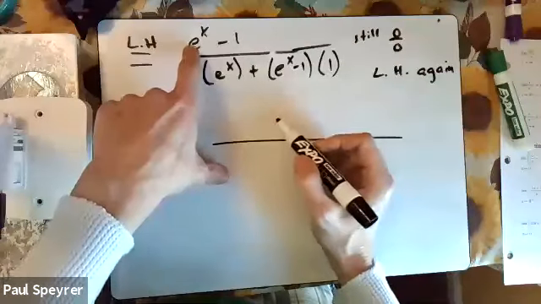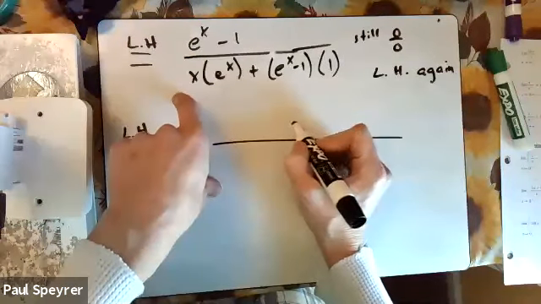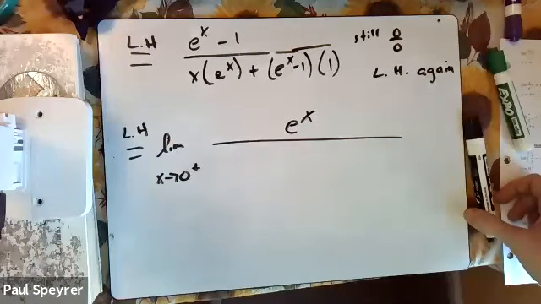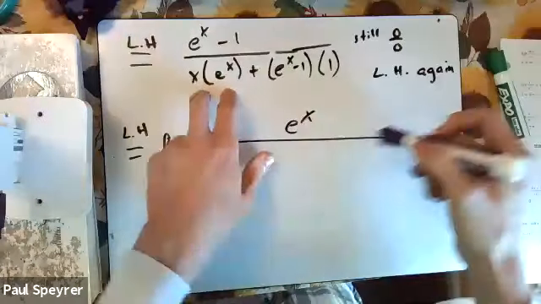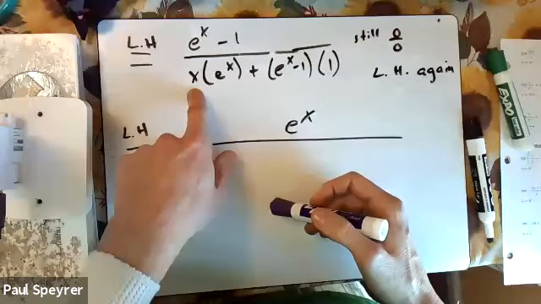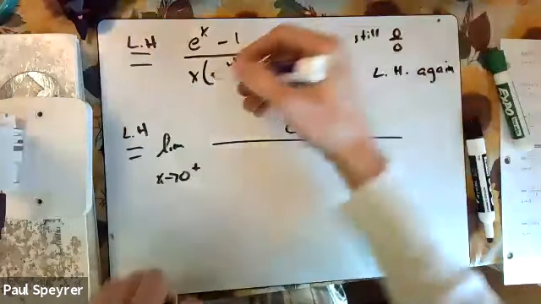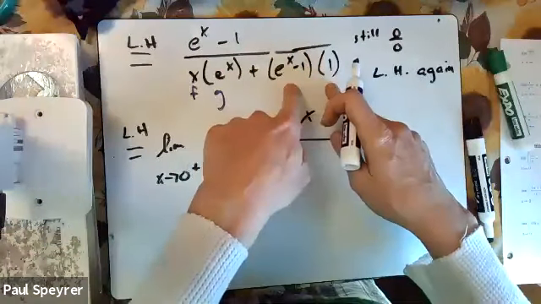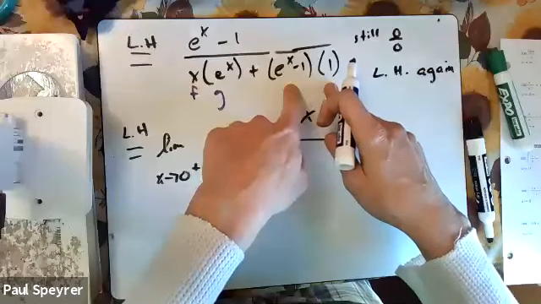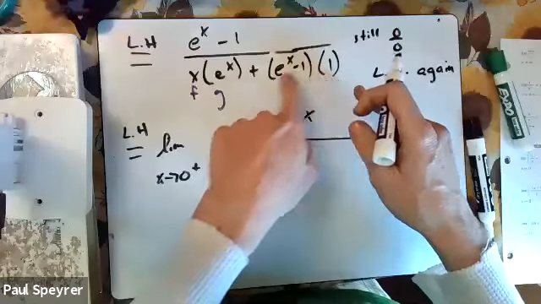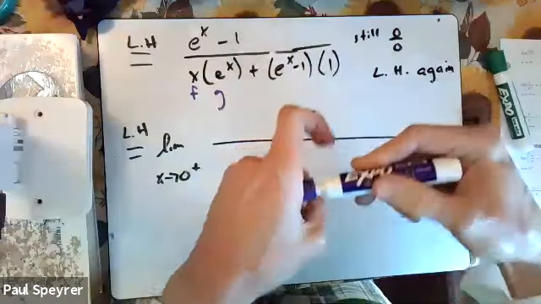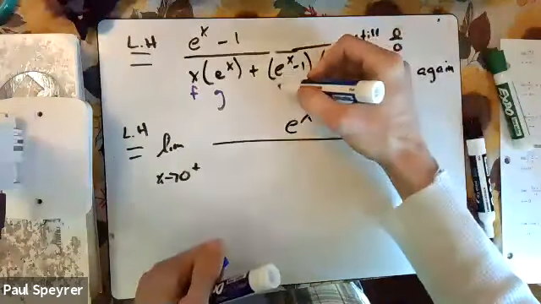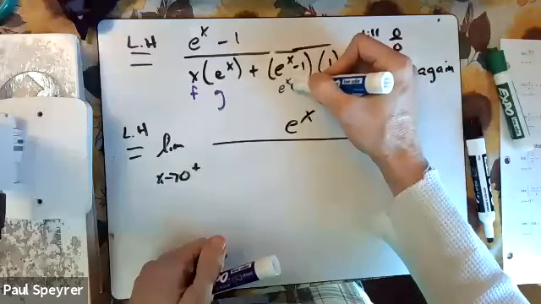So if we do the top, that's just e to the x. If we L'Hopital the bottom, guess what? You have to do product rule right here, right? Because you're multiplying an algebra part times an exponential part. So f and g. This does not require the product rule, okay? Because this is 1 times whatever that is. I can just say, oh yeah, this is just e to the x minus 1, right?